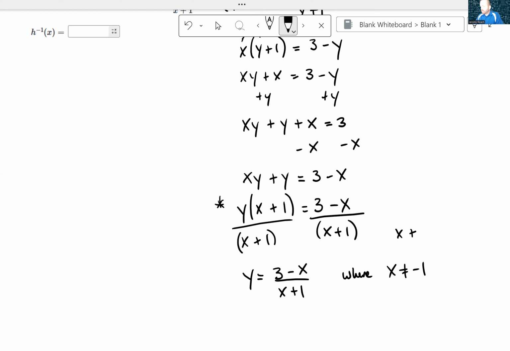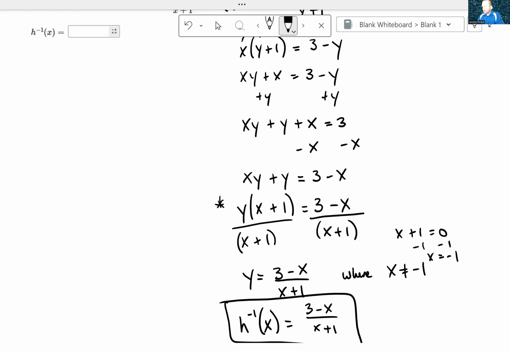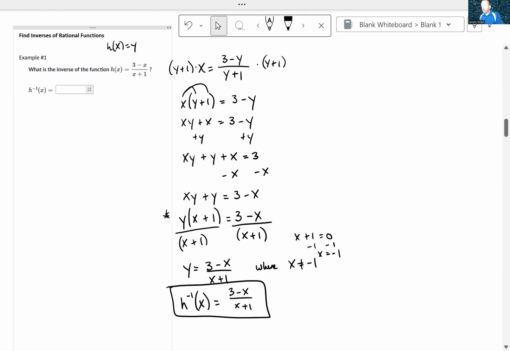Because when we set x plus 1 equal to 0, we get x is negative 1, and when we plug in negative 1 for x, we get 0 in the denominator. That's not really part of the problem, but our final solution is that the inverse of the original is 3 minus x over x plus 1. So that's how to find the inverse: swap the x's and y's and solve for what the new y value is.